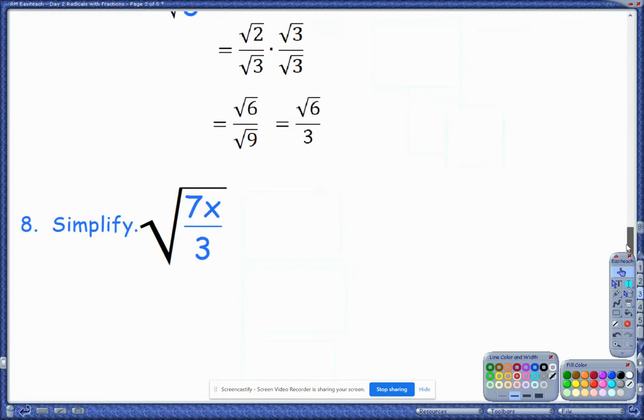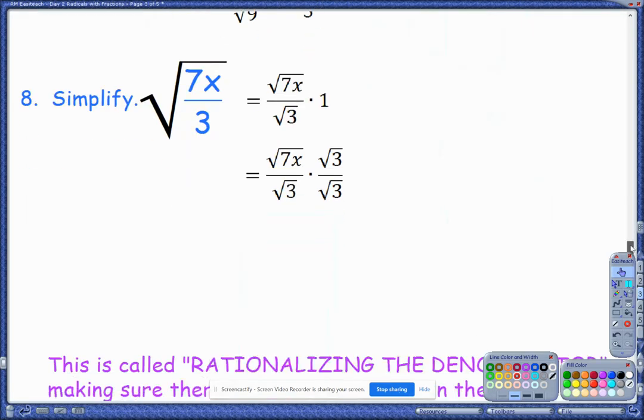Here's another one. This one has a variable. Once we split the radical into numerator and denominator, we're going to multiply by 1. And now, can you guess what you have to multiply by? Radical 3 over 3. So the numerator now becomes radical 21x over radical 9, which is just 3.